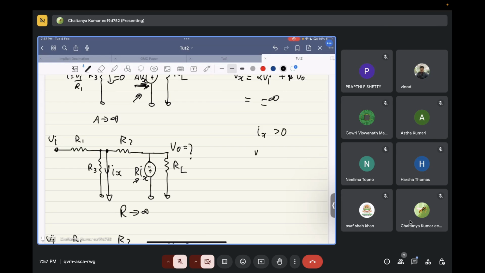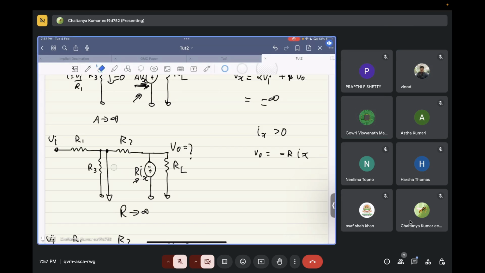What will be V naught? Minus R times Ix. Correct?